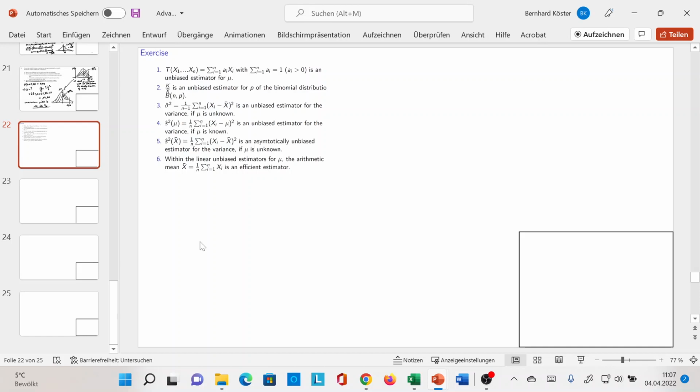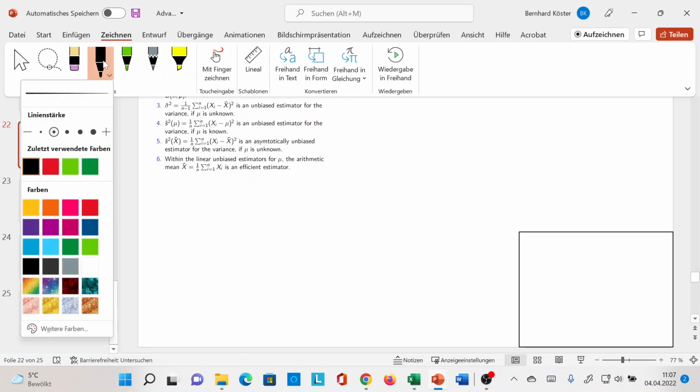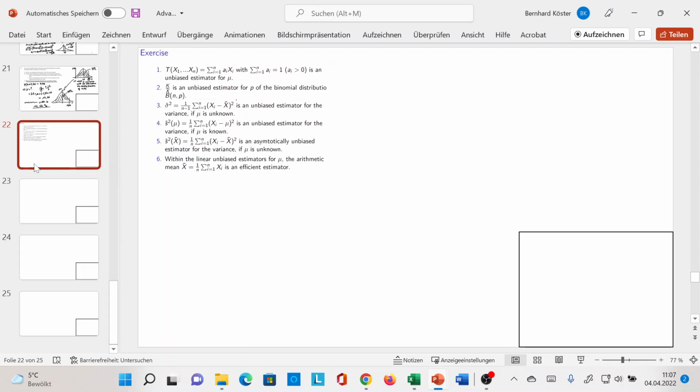Our estimation function should be just the sum of our n random variables with some weight a_i in front.